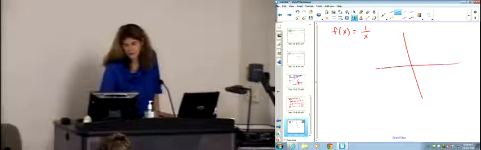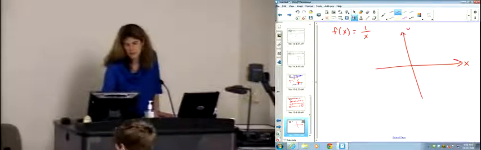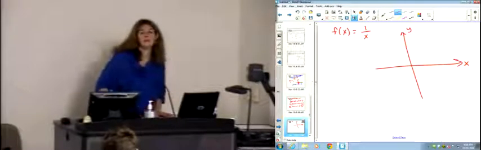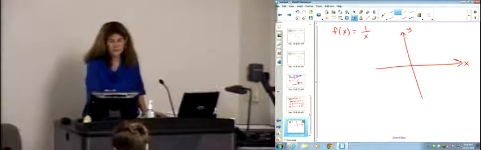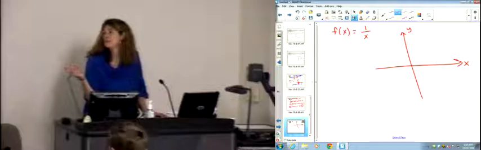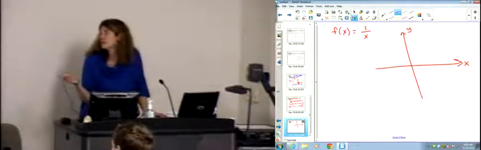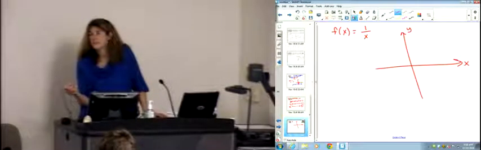What about this one here? You may know what that graph looks like. What does that graph look like? What do you mean across the x-axis?